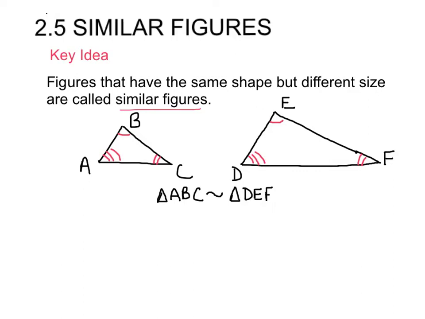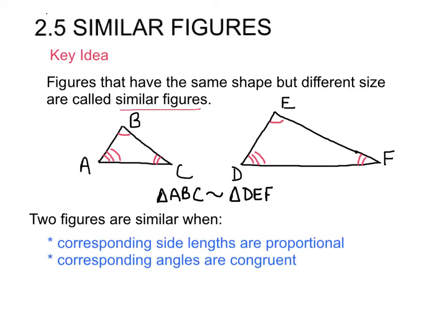So in words, here's what it means, and these are two really important things you need to know. Two figures are similar when corresponding side lengths are proportional and corresponding angles are congruent. So keep in mind that we have angles that are congruent and side lengths that are proportional.